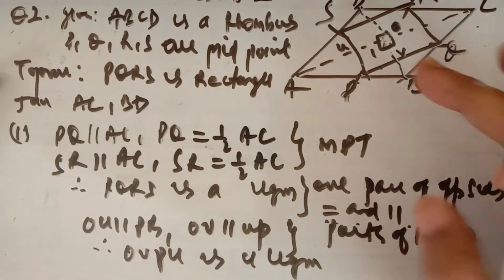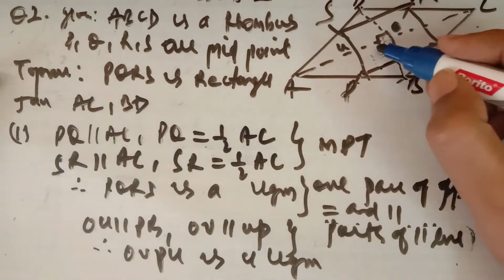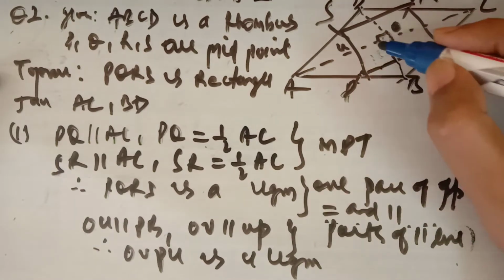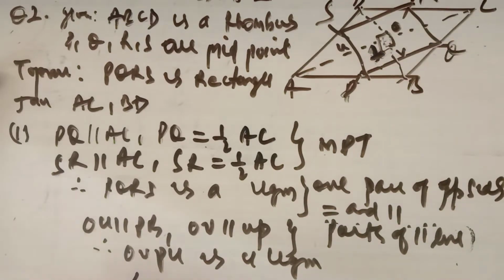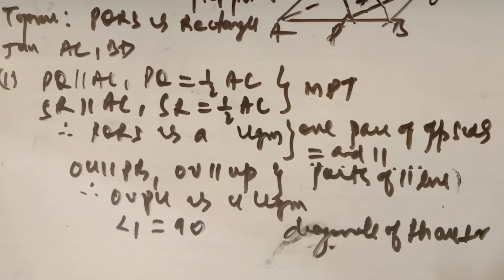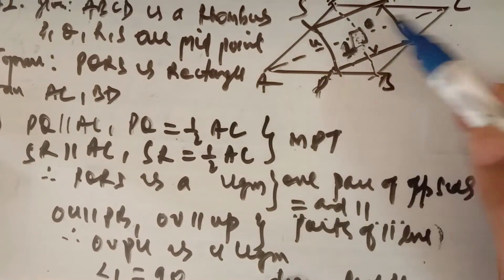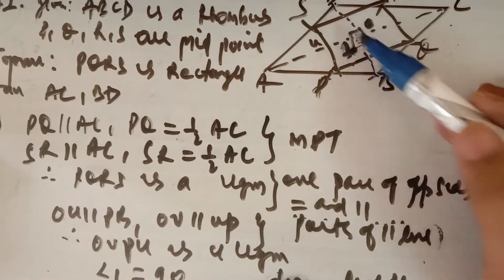Now angle 1 is equal to 90 degrees, because the diagonals of a rhombus are perpendicular, and AC and BD are the diagonals of rhombus ABCD.